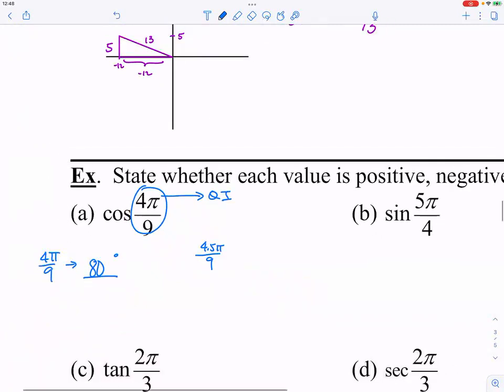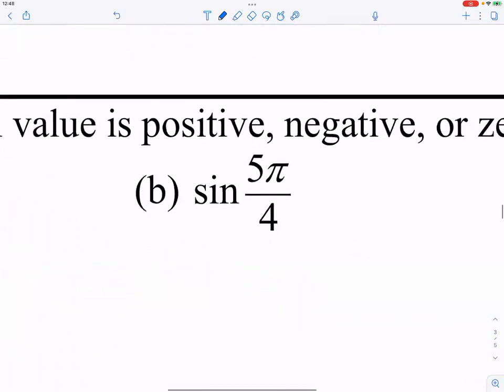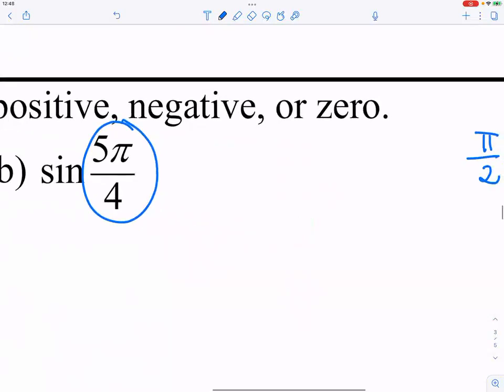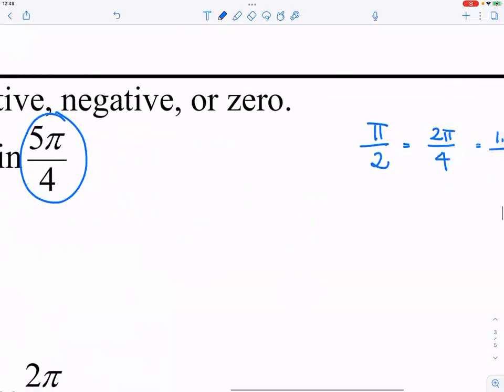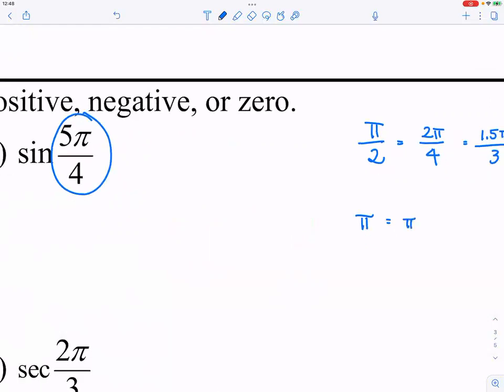Now let's do a few more practice. 5 pi over 4. Which quadrant would it be in? Okay, so in this case, we can compare this with little pi, because pi could be expressed as 4 pi over 4, right?